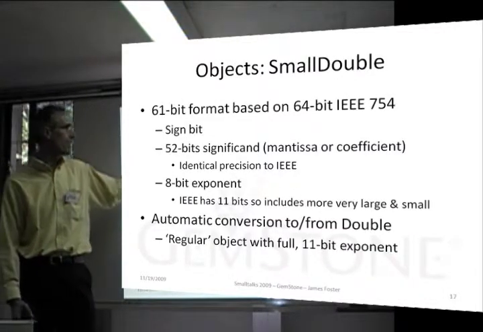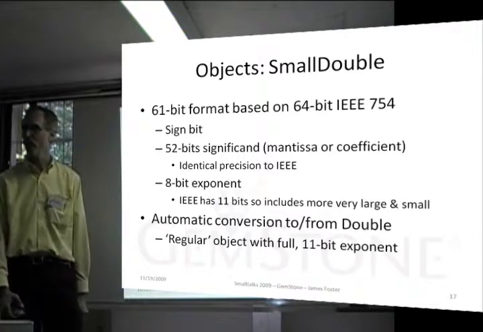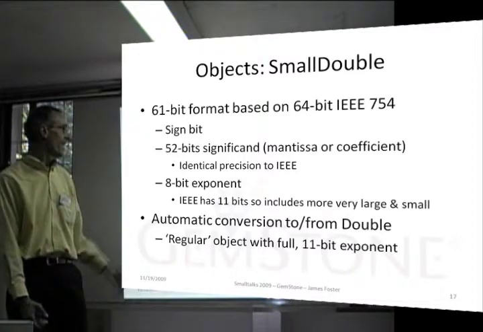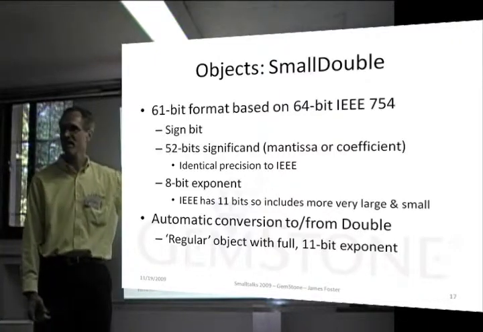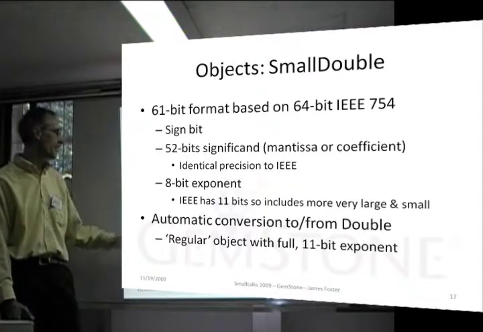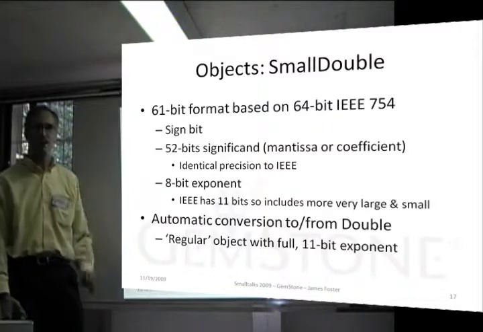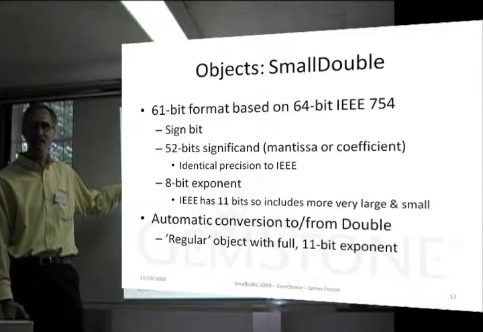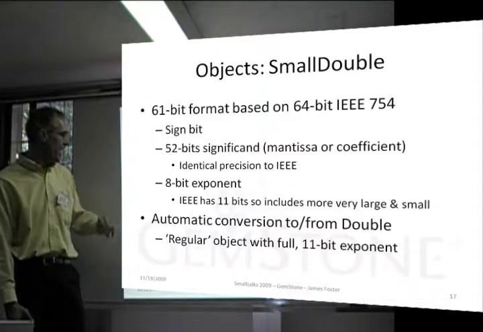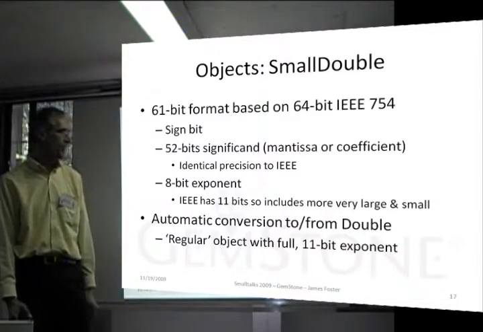SmallDouble is a 61-bit format based on the 64-bit IEEE format. There's a sign bit, a 52-bit significand, also called mantissa or coefficient, similar. So that gives us the identical precision to the IEEE. So we have exact precision. We have an 8-bit exponent instead of the 11 bits.